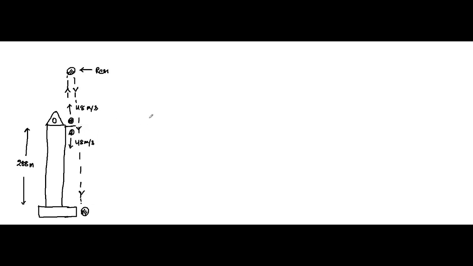Now if you remember, in the previous question we discussed the motion of a free falling object under the influence of gravity when it is thrown upwards and thrown downwards. There we discussed that if an object is thrown upwards vertically from a certain point with a particular initial velocity, it comes down with the same velocity.